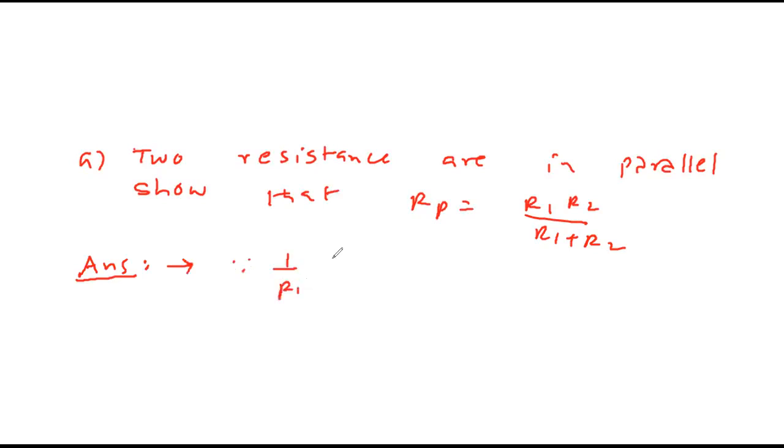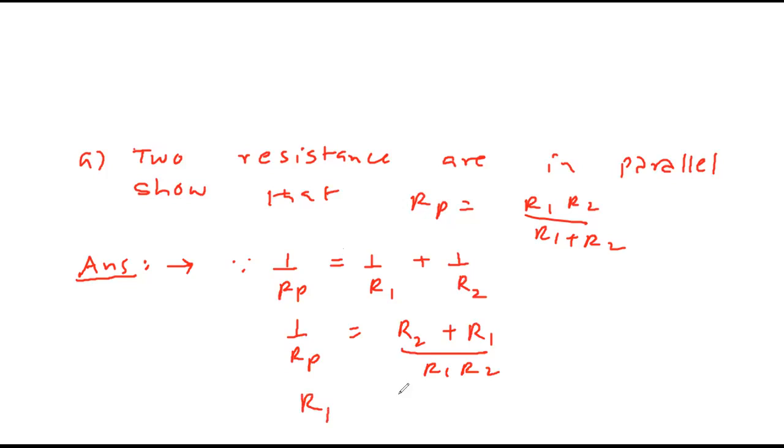Since 1 upon Rp equals 1 upon R1 plus 1 upon R2, so 1 upon Rp is R2 plus R1 upon R1 R2. So Rp equals product upon sum. Hence proved. Copy the first one.